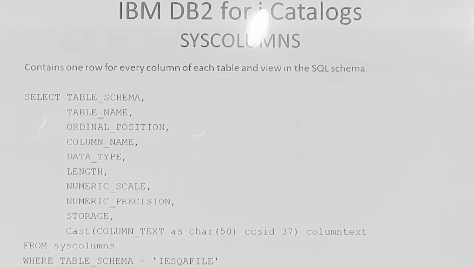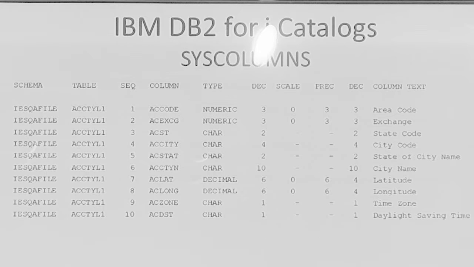And you get the result of that one. You get the schema, the table name, the sequence of the column and the column name, the type of column it is, its decimal scale, precision. Oh, DEC, that should be length. I got carried away on my typing there a while ago. And the column text. I just took the first 10. The table may have hundreds of columns, but just for this.